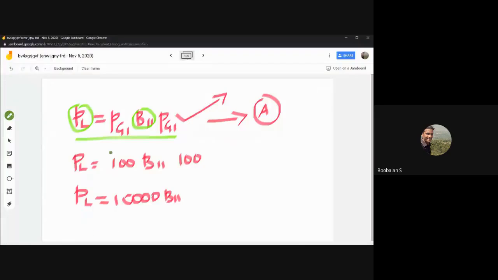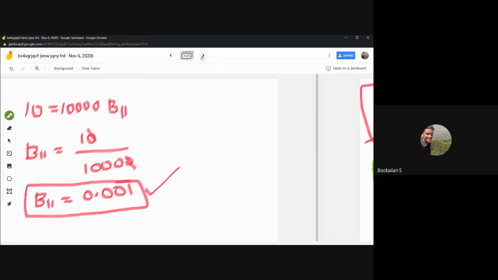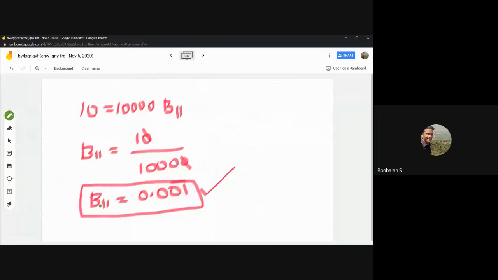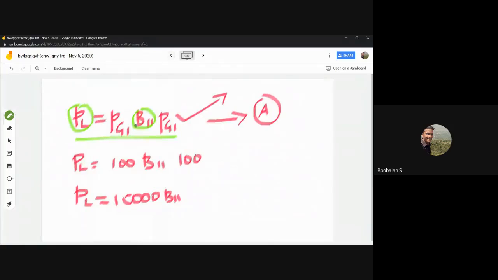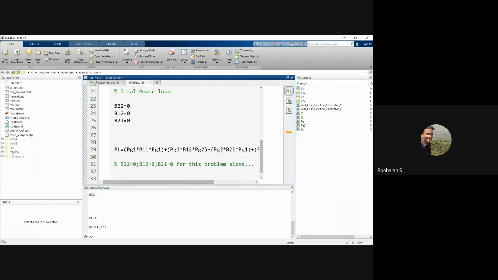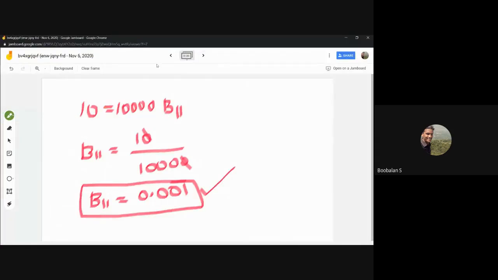Now we're just going to continue. And now we need to find the PL equation. This one, right? And we need to find B11 actually. This B11 needs to be replaced over here in order to calculate the entire power system losses. And it's time to calculate B11 now. So B11 should be calculated before coming to here, right? So how do we calculate B11 actually?